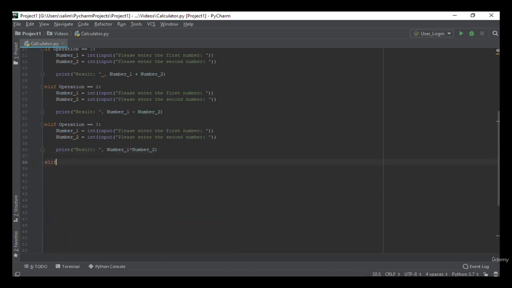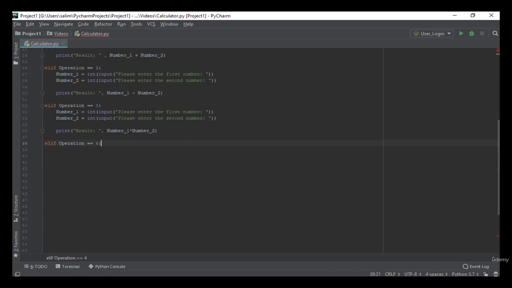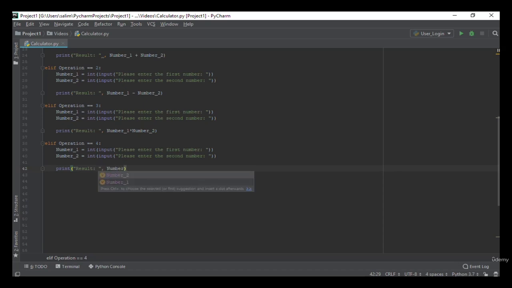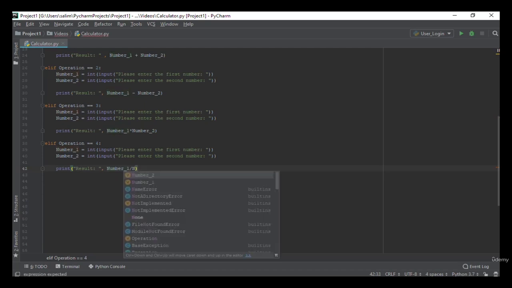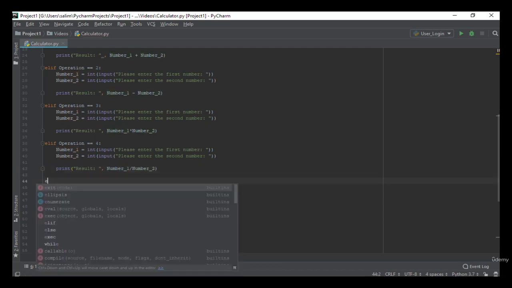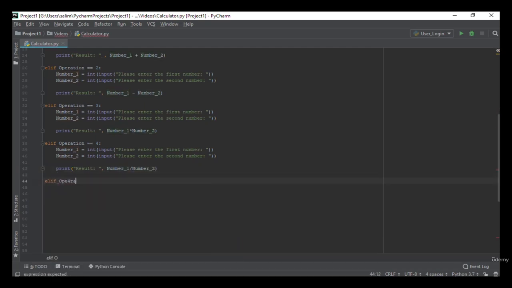And the fourth one is division. And we'll make the same variables again. And then the fifth one is exponent.